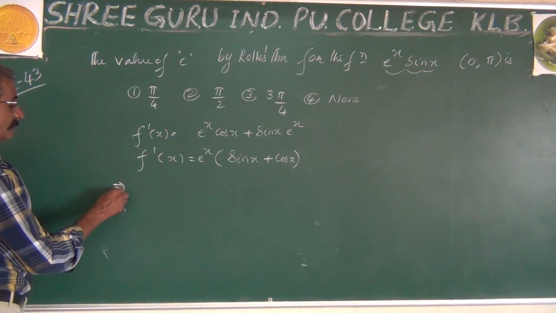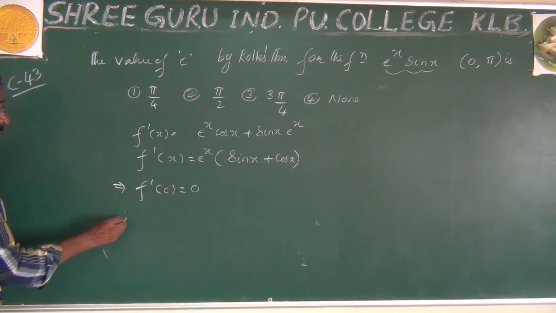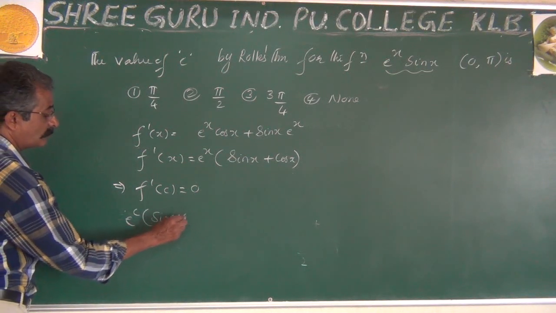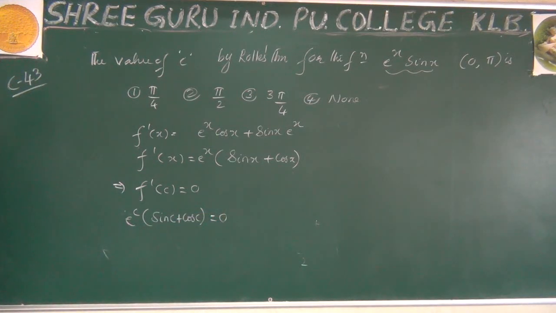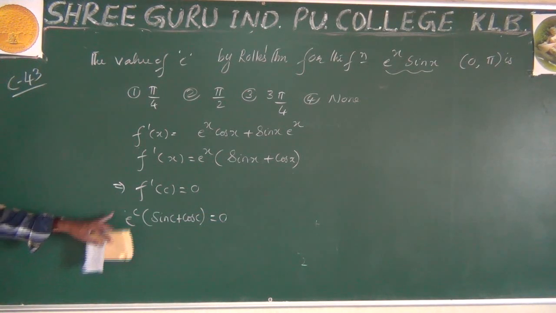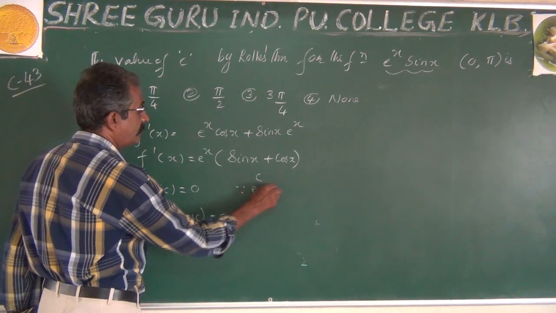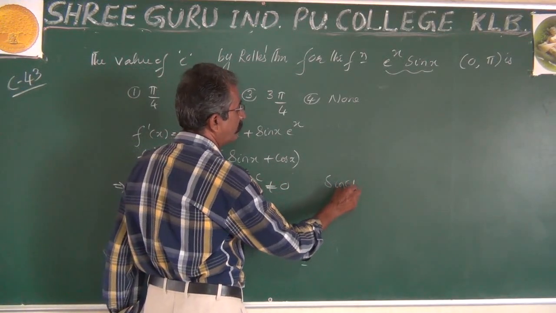And by Rolle's theorem, we have that f dash of c equal to 0. Means e power c into bracket sin c plus cos c equal to 0. But e power any number never equal to 0, since e raised to c never equal to 0, hence sin c plus cos c equal to 0.